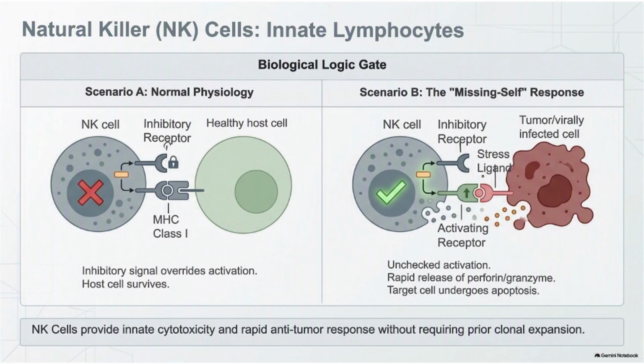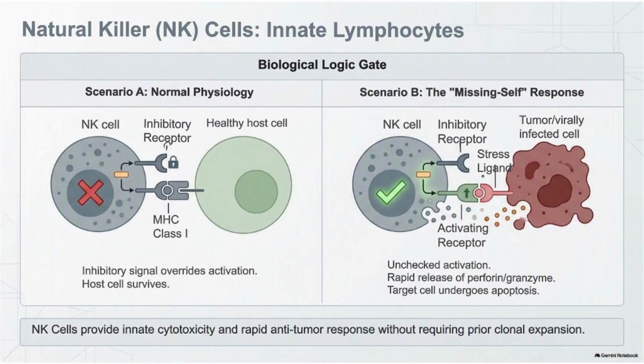Once activated, NK cells can release perforin, which helps create pores in the target cell membrane, and granzymes, which enter the target and help initiate apoptosis. NK cells can also produce cytokines such as interferon gamma, which allows them to influence other components of the immune response.